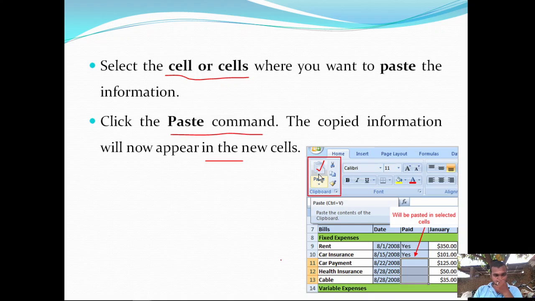So what is the procedure we are following? First of all, we need to choose which cell or how many cells we want. It may be a single cell or a group of cells that we want to copy. Identify which information you want to move or copy from one place to another, in the form of cells.